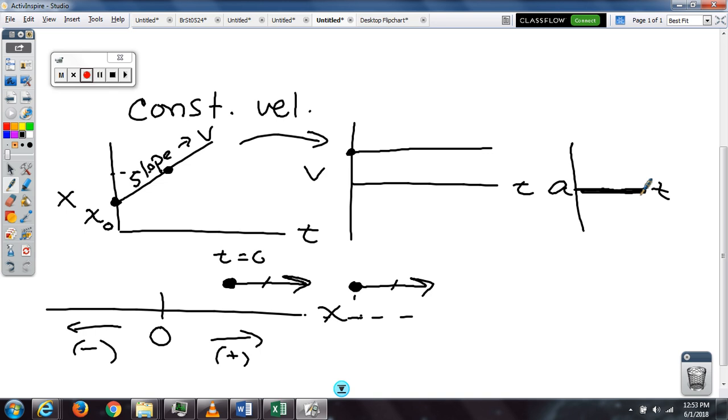If we look at an object that starts here and goes down this way, that's an object that is starting at a position that is further to the right, like so, and has a velocity that is negative, because the slope is negative, so it's moving to the left.